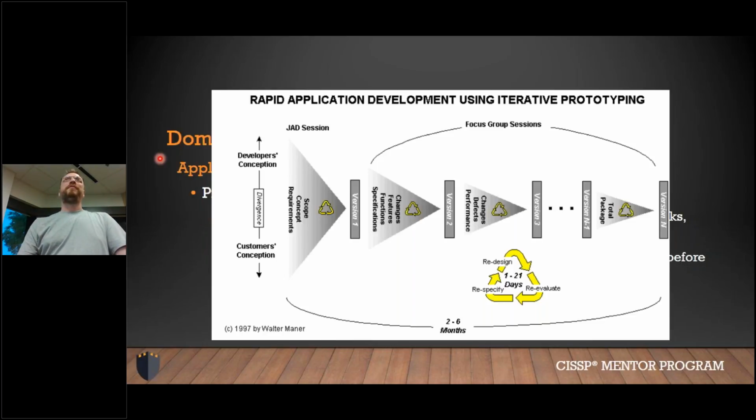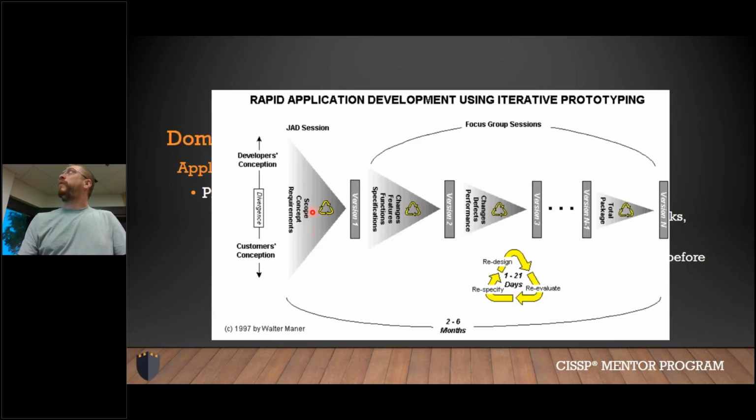What the developer sees and what they see in their head are going to be very different, often. So they'll throw together and mock up that prototype and then go from there and revise it. Now we've got a version 1, version 2, and so on until we get the final product.